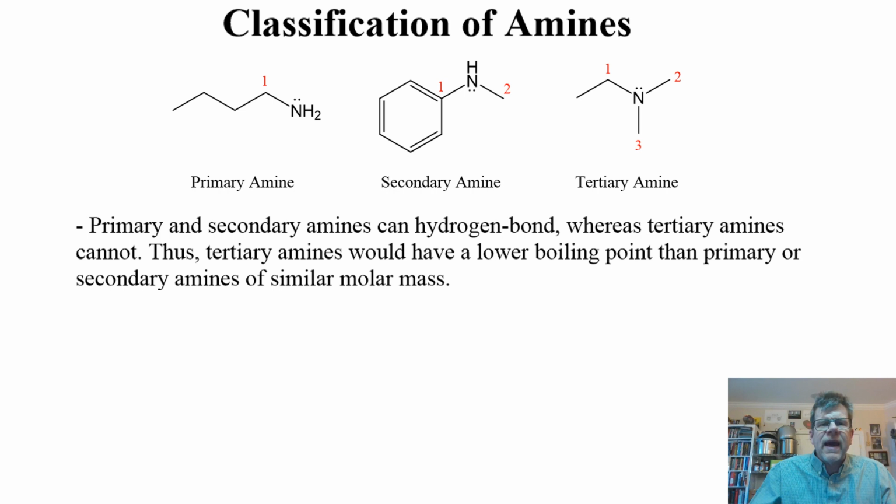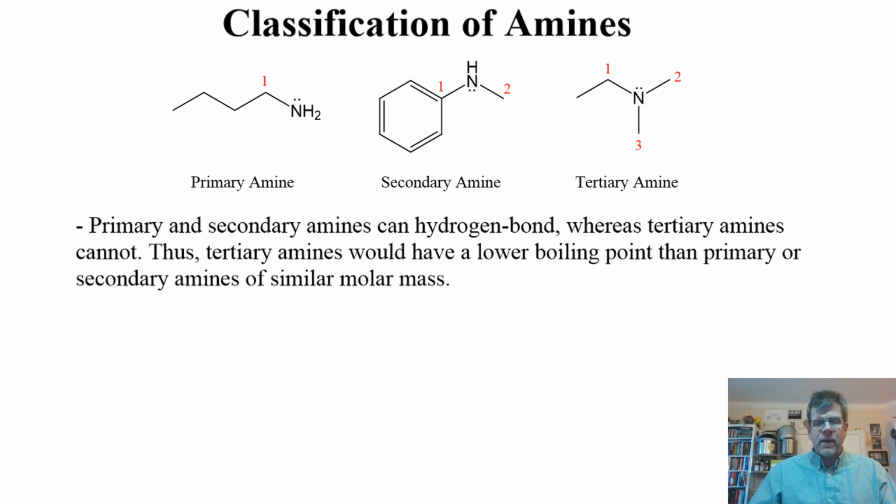So if we look at this markup here of a representative primary, secondary, or tertiary amine, we can say that in the primary amine and in the secondary amine there are NH bonds. We can see that, NH. However, tertiary amines have no NH. So therefore, all amines are not considered equal with respect to intermolecular forces. Only primary amines and secondary amines bear hydrogen bonding.